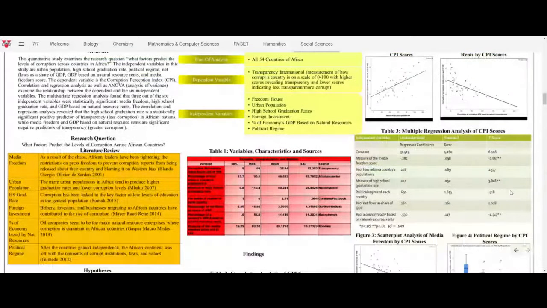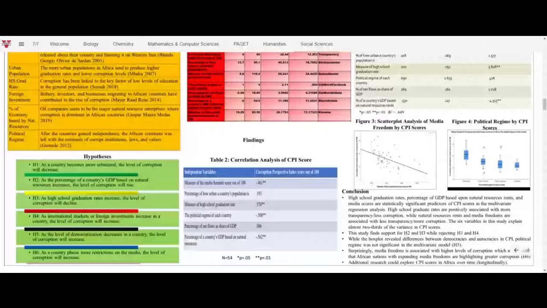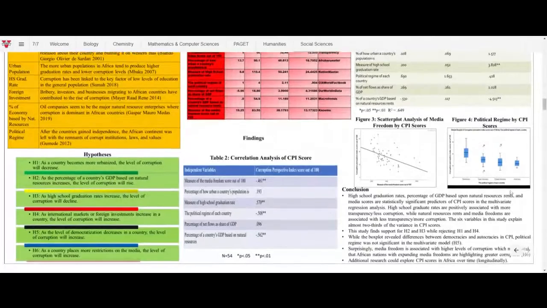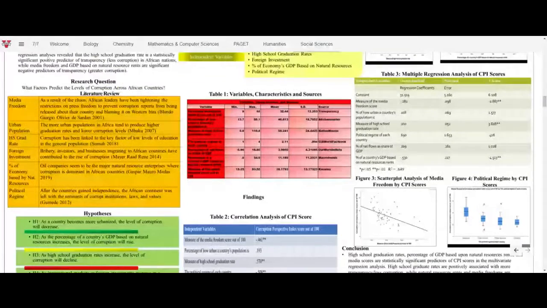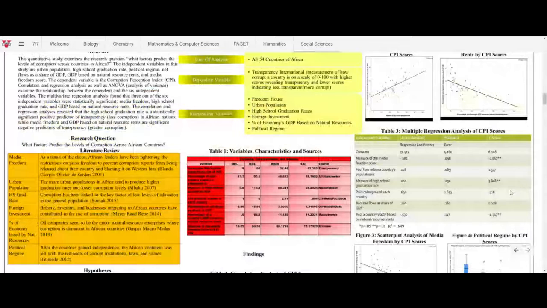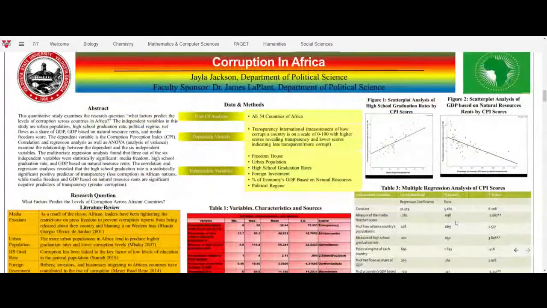My dependent variable was Transparency International, on a scale of 0 to 100. So the smaller the number, the more corrupt the country is. The higher the number, the less corrupt the country was.